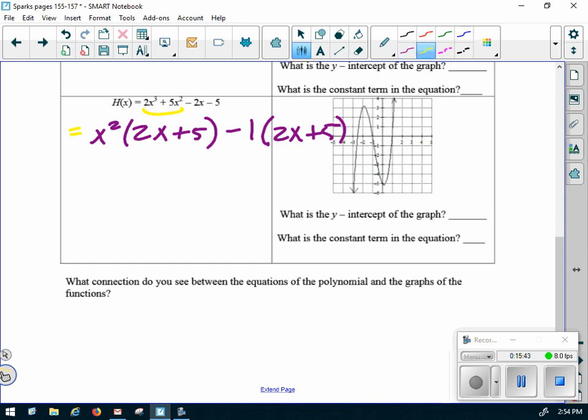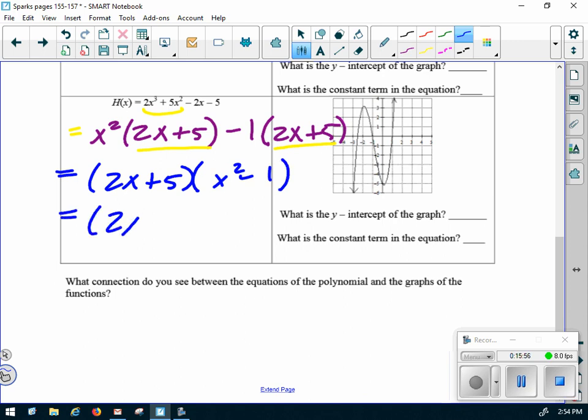The angels are singing because my 2x plus 5s are the same. So this is 2x plus 5 times x squared minus 1. Good. Difference of two squares.